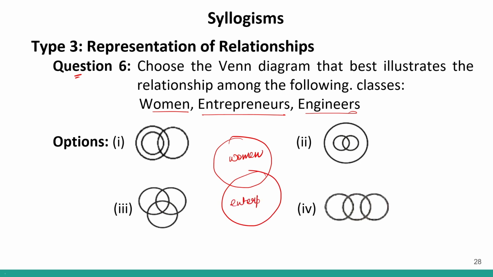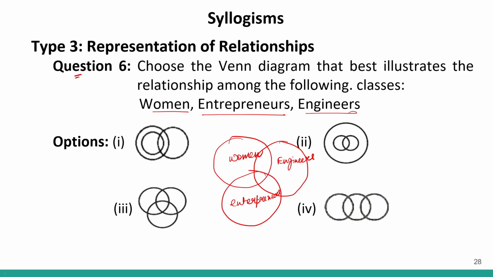Because males can be entrepreneurs, other genders can also be entrepreneurs. So there will be some women who are entrepreneurs. Similarly, there could be certain women who are engineers, correct? Other genders are also engineers. And there could be certain engineers that are entrepreneurs. Similarly, there could be certain women who are engineers and entrepreneurs.